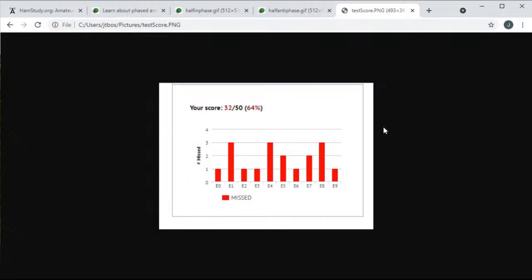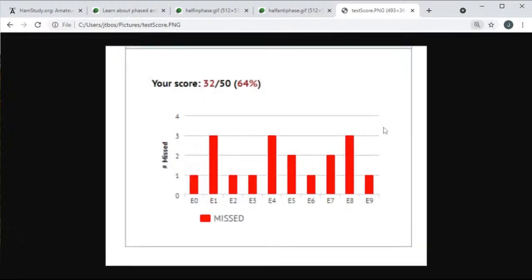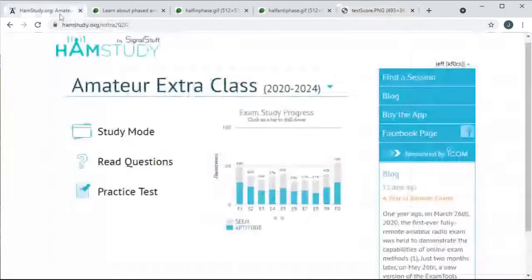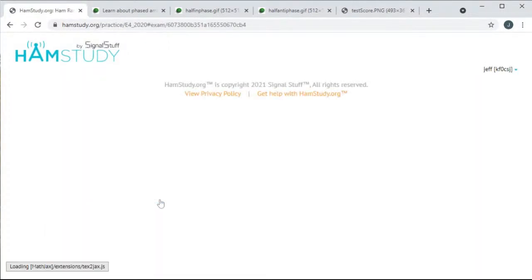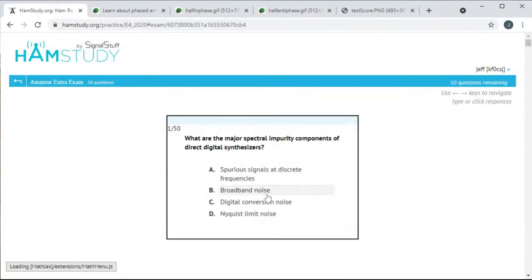There we go. So this is the score that I got last time. 32 out of 55. So let's see how I do this time and see if I get better or not. It was a very packed time.